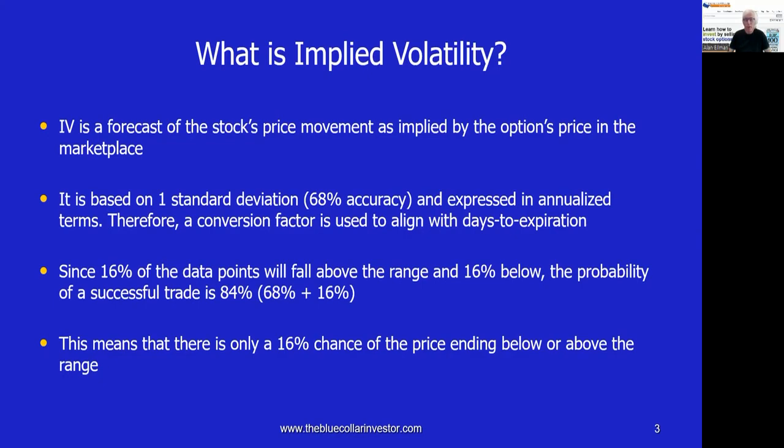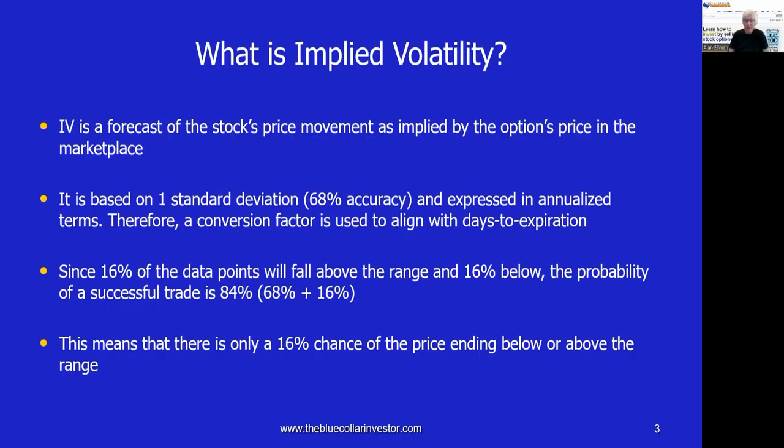So as a result, we need to use a conversion factor or a spreadsheet that will give us the expected implied volatility for a specific options contract time frame. And I'll be giving you that formula, and I'll be discussing a spreadsheet developed by the Blue Collar Investor that can be used specifically for this.